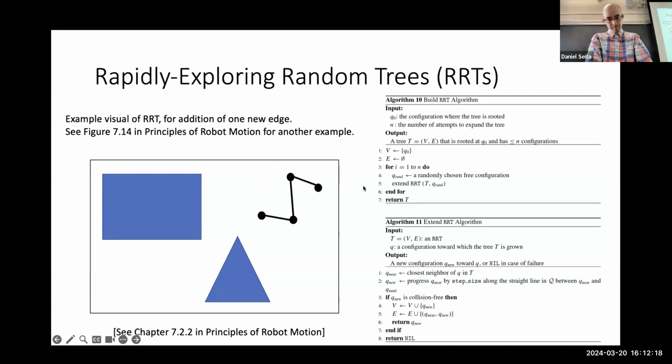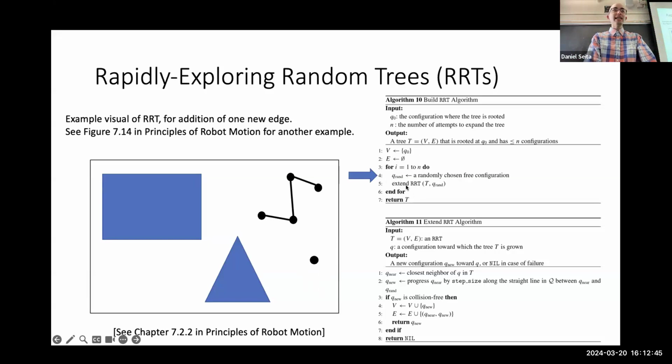All right. So let's say we have some tree. We're at some iteration here. And Q rand is a randomly chosen free configuration, like that. So this is our randomly chosen free configuration.